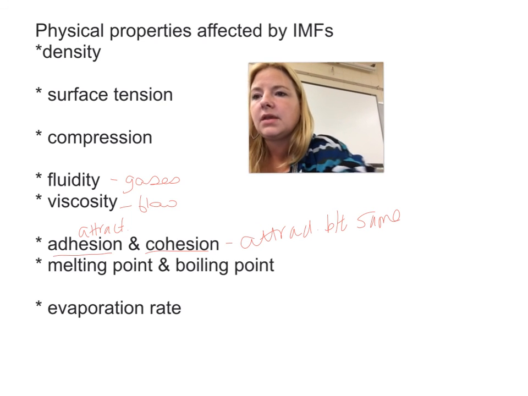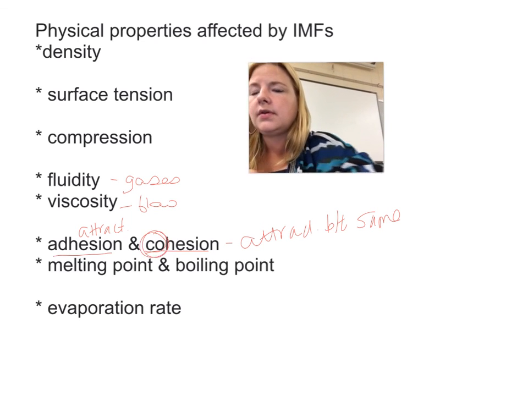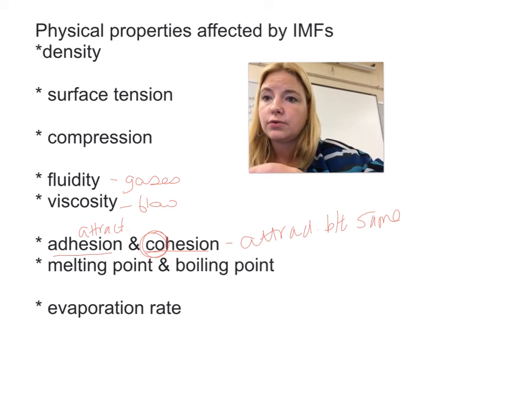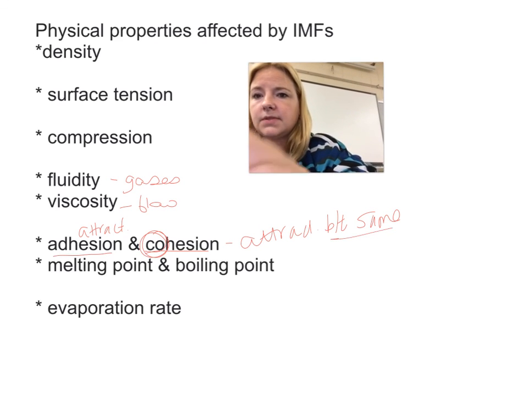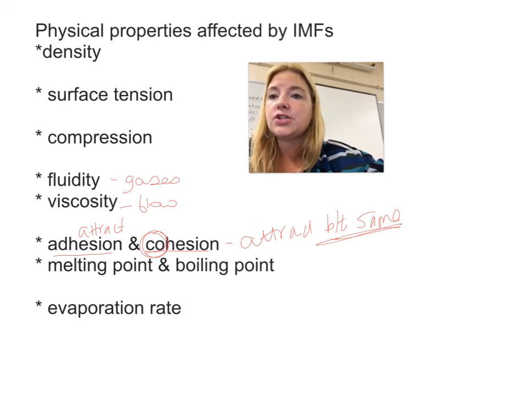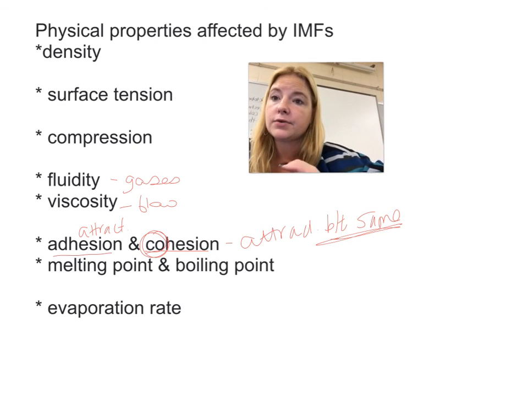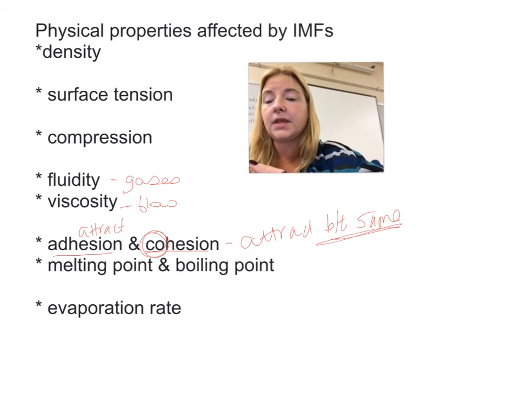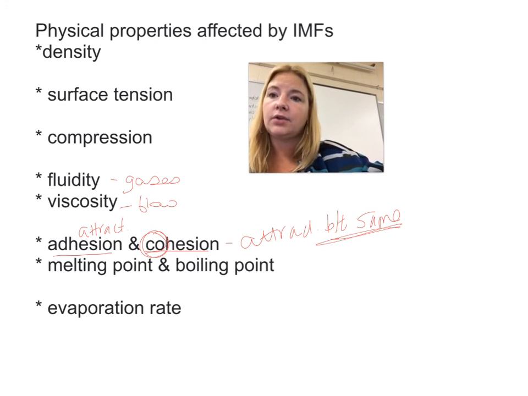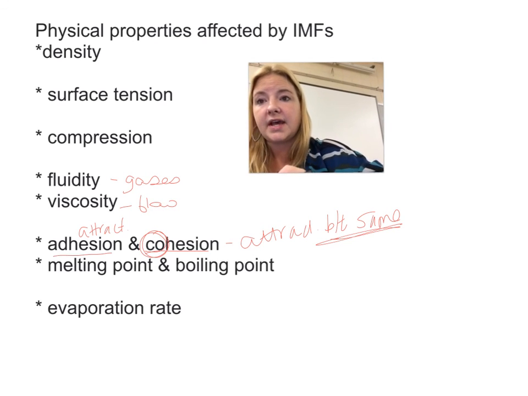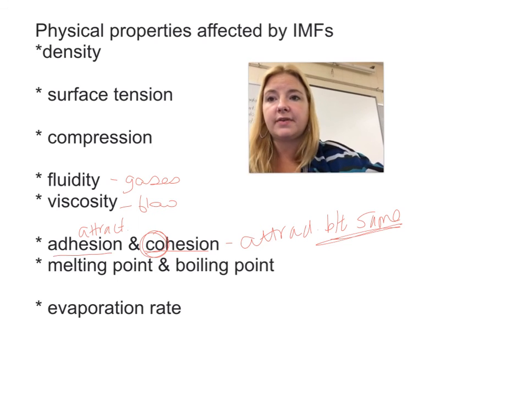So if you think of co-captains, it'd be two of the same materials. I've already mentioned melting point and boiling point and how those can be affected with comparing water to carbon, and then also evaporation rates of liquids. If a liquid has a greater IMF, it's going to evaporate slower. If it has a lesser IMF, it's going to evaporate faster.